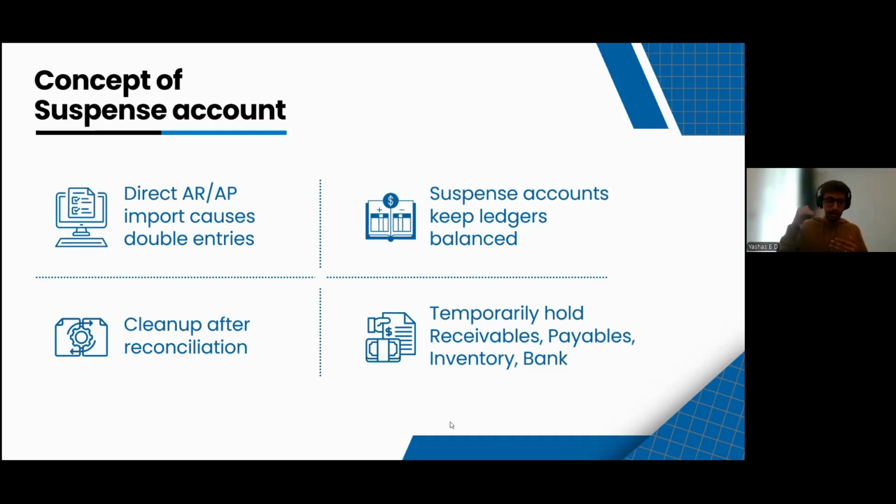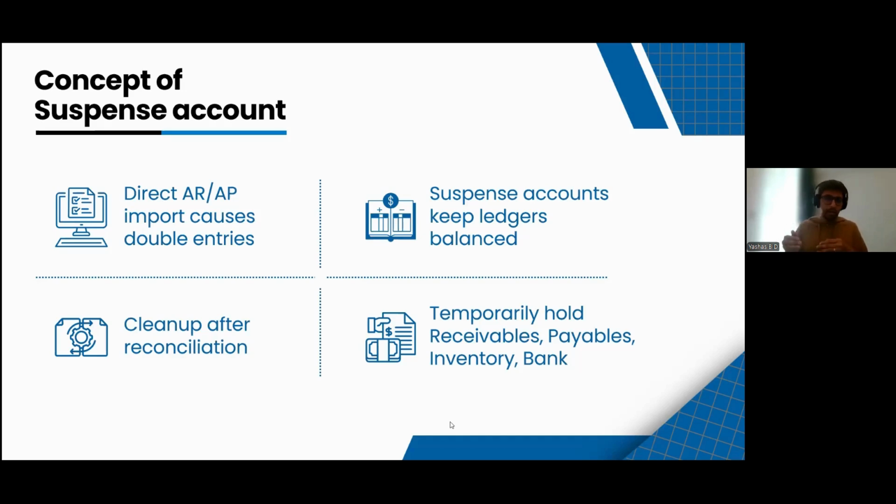Once I import AR, AP, and inventory, the suspense account in the general ledger gets knocked off. Once we upload the whole trial balance with all the other aspects successfully, the balance of the suspense account will become zero. That's the ideal scenario.